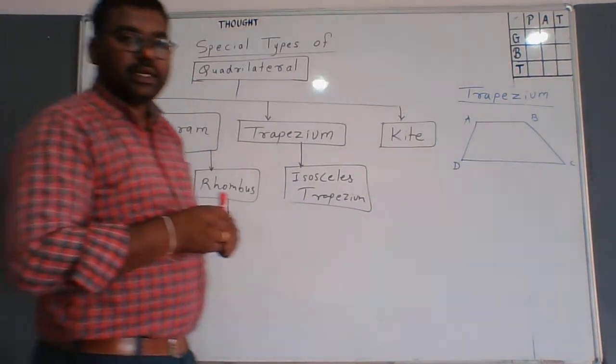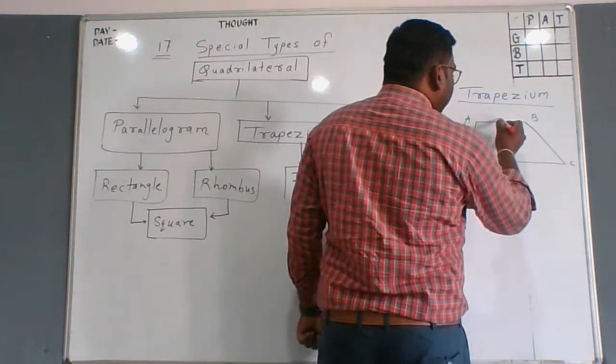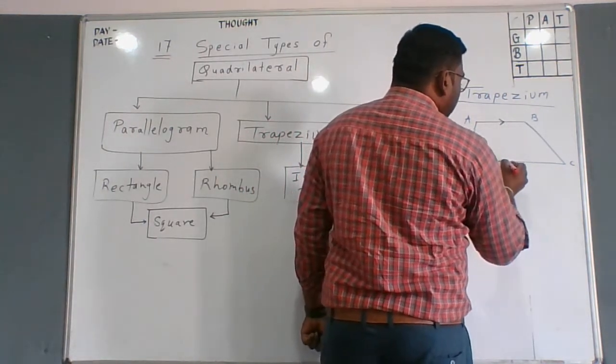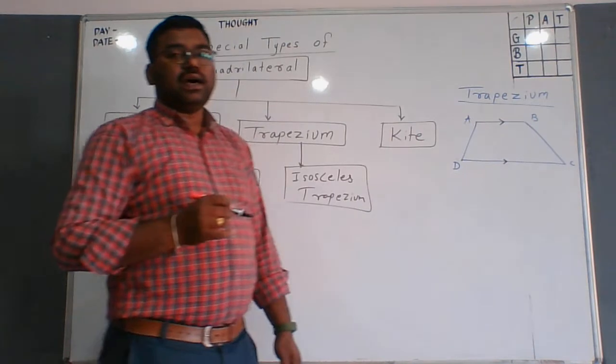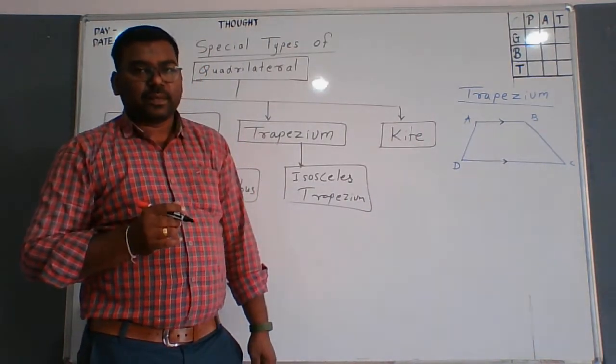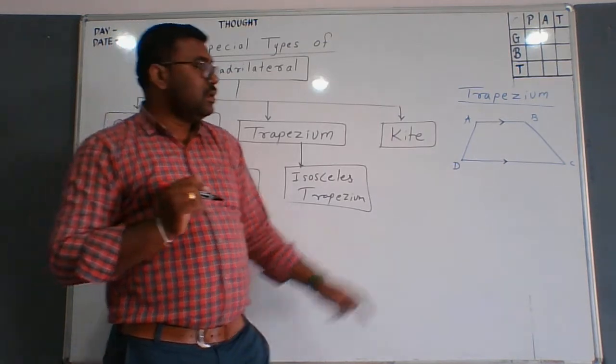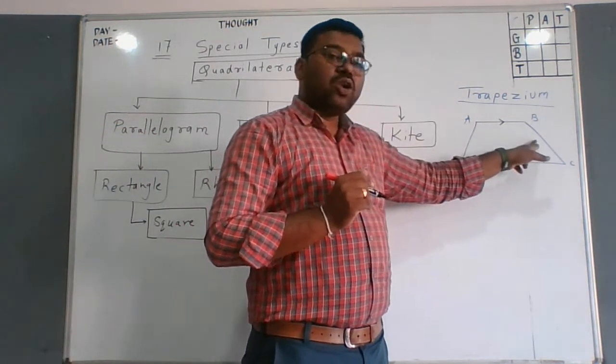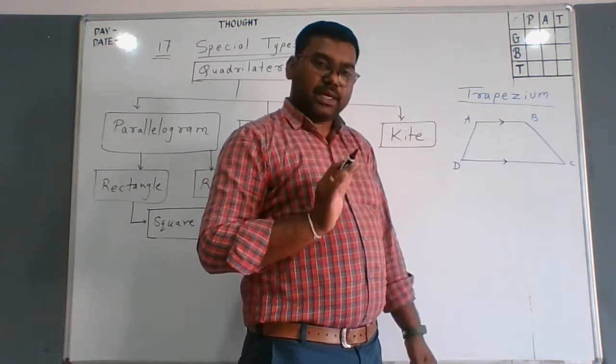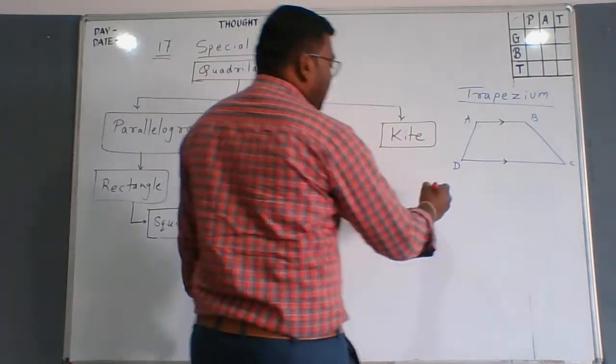The first property: one pair of opposite sides are parallel. Okay, only one pair of opposite sides is parallel, and the remaining two sides are non-parallel sides. Clear? So the first property is what?